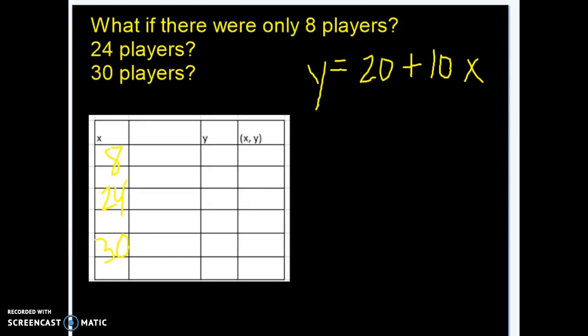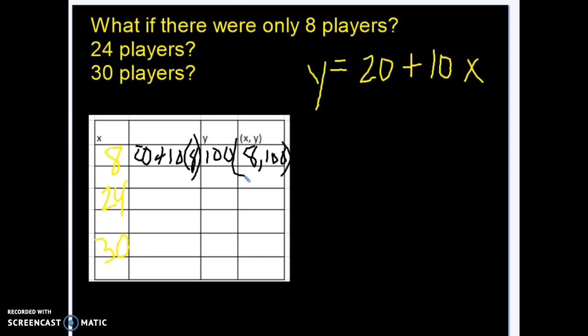So in this first one, if we have 8 players, we would do 20 plus 10 times 8. So 10 times 8 is 80, plus 20 gives me 100. So the ordered pair would be 8, 100.